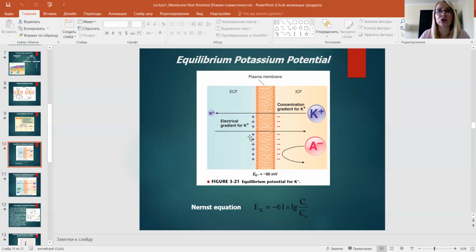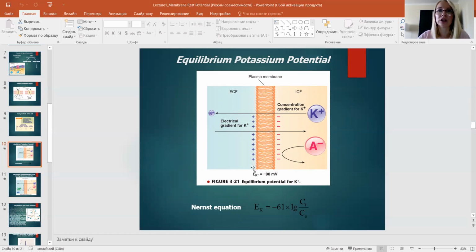And there is an excess of negatively charged ions, mostly protein anions, inside the cell. The charge difference between the outer and inner side of the cell membrane is called potassium equilibrium potential, and it is equal to about minus 90 millivolts. So here you have potassium equilibrium equal to minus 90 millivolts.